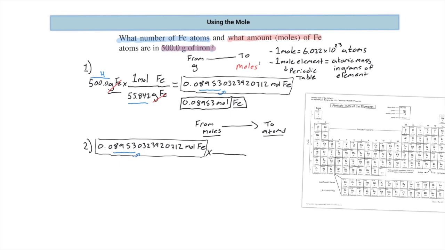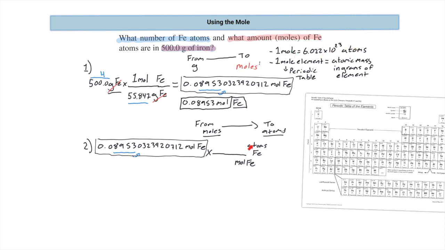We know that moles of iron is what must be in the denominator. I know what I'm going to: atoms of iron. I'll look to my conversion factors, and we know that that's Avogadro's number.